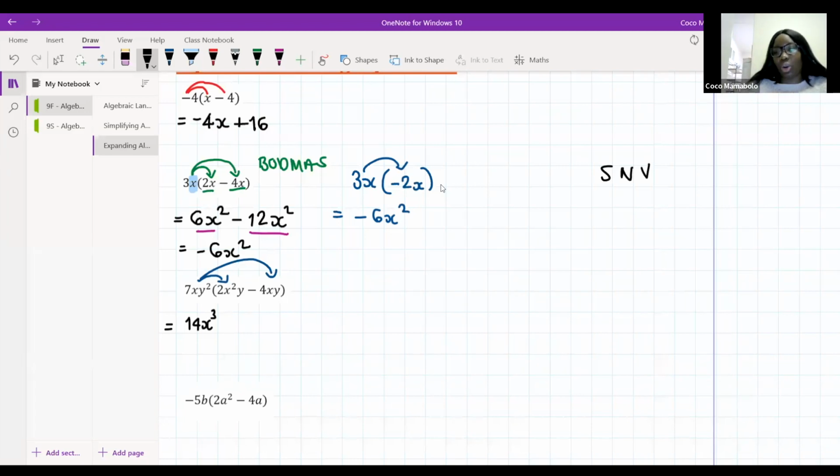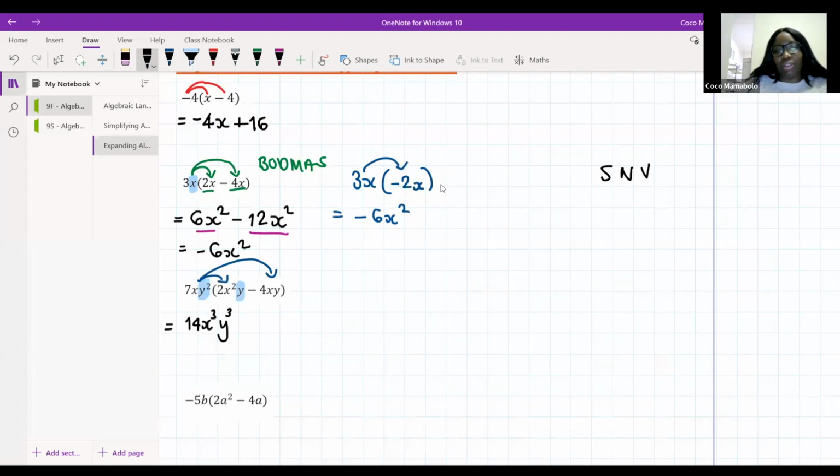All right. Let's talk about that for a second. I agree with you with the 14x to the power of 3. What was your y to the power of? In the 14 part, x to the power of 3 and y to the power of? 4. Why y to the power of 4? There's a y squared here and a y. So y to the power of 3.